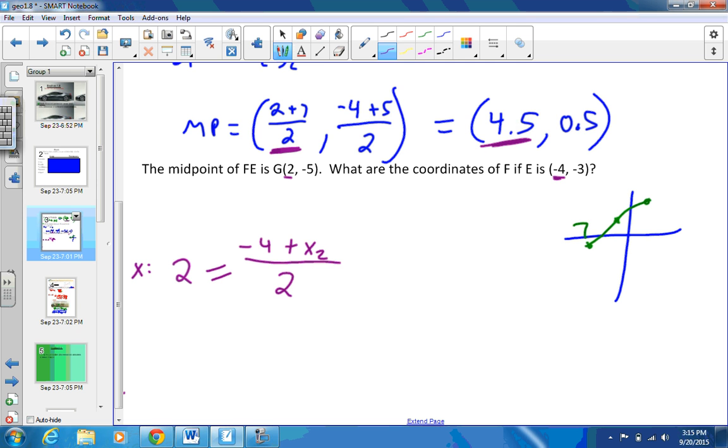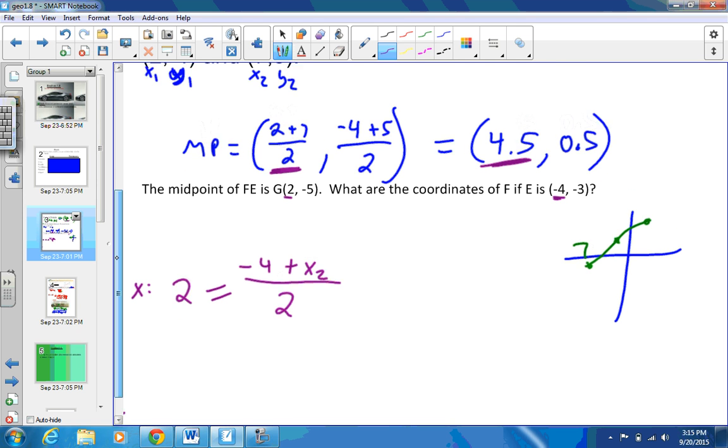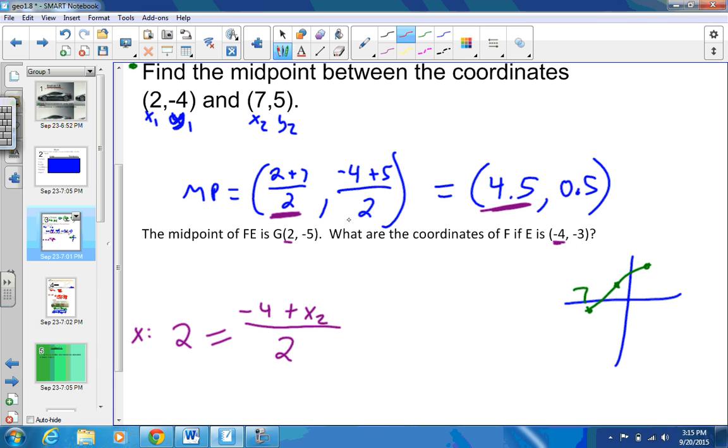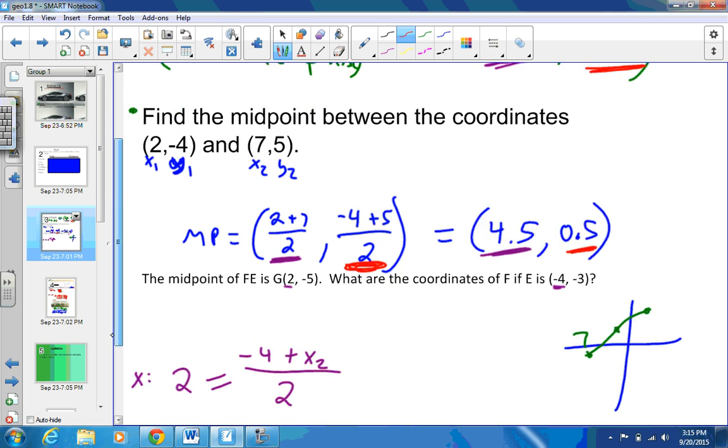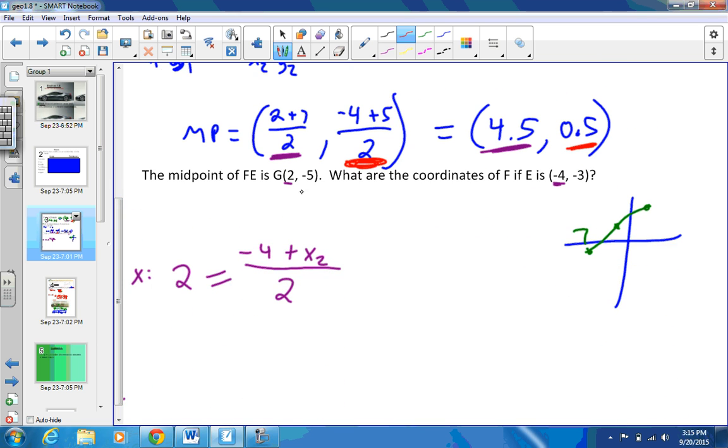Okay, and for the y, I'll use red. There's our y value, and we got it right there, for our y up here. So our y value in this example, we know is going to be -5. That's a funky looking y.